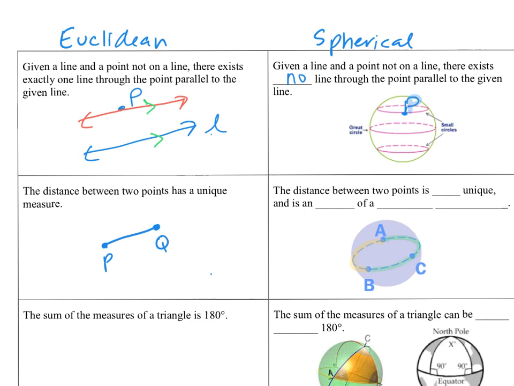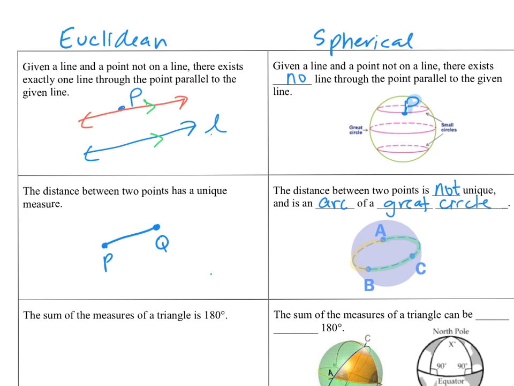So in other words, the distance from A to B is not unique. I can have a shorter distance from A to B, or I can have a longer distance from A to B along that great circle. All right, so the distance between 2 points then is not unique, and that distance will always be an arc of a great circle.